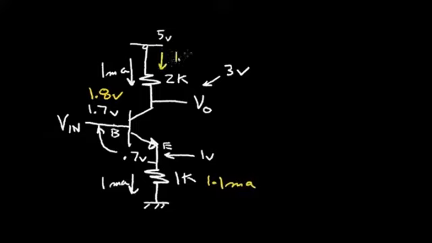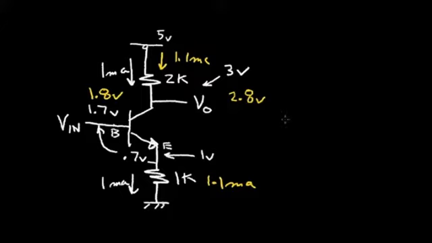So I have 1.1 milliamp flowing through a 2K, which gives me an extra 200 millivolts. I give 100 millivolts in, and I'm getting a 200 millivolt change in V out. So my output voltage sits at 2.8 volts. So this circuit has provided a voltage gain.